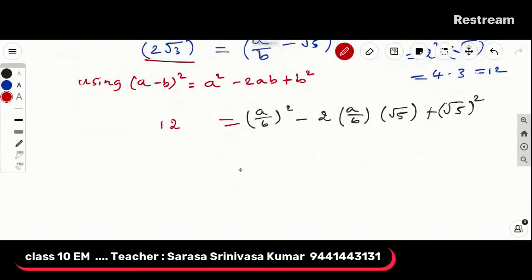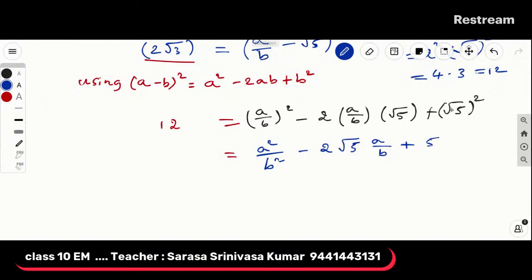Therefore this is equal to (a by b) whole square. It can be written as a square by b square minus 2 square root of 5 a by b plus (square root of 5) whole square. Square root of 5 whole square, its value is 5.